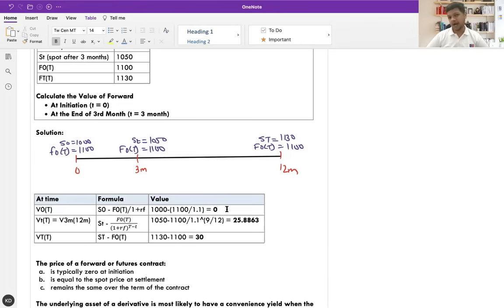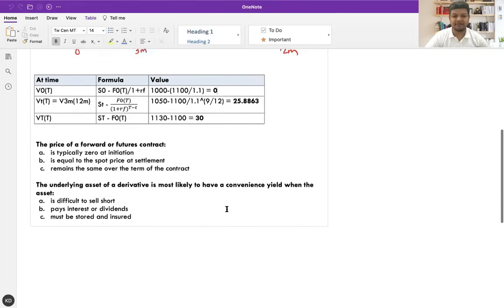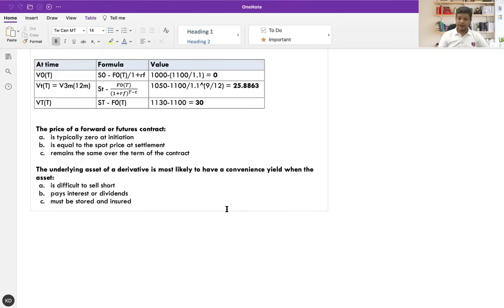But one thing is for sure, at initiation, the value is always and always zero. If you look at the MCQ which I've put here, the concept is that the value of a forward or a futures contract, or even for that matter swaps, which are all types of forwards only, is always zero at initiation. But the value of the contract is zero at initiation, not the price. The price remains the same.